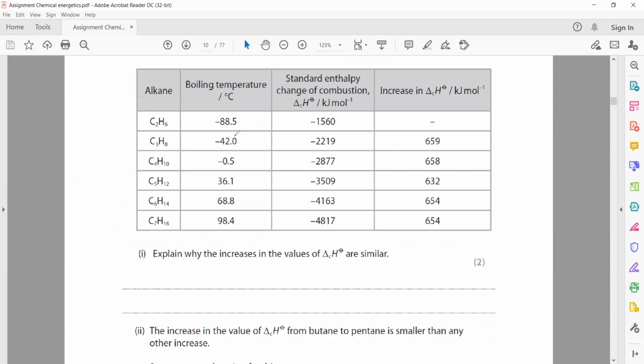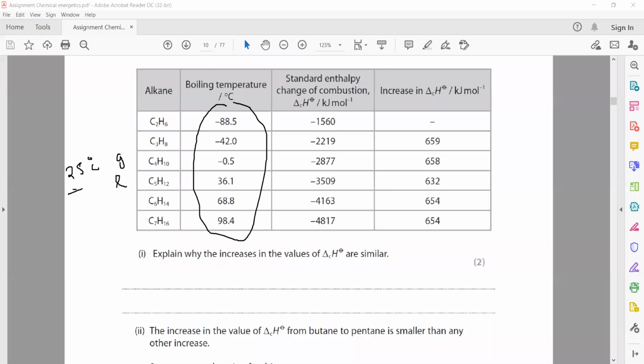Because at room temperature, which is why they give you the boiling temperature. For example, if you take room temperature as 25, you will find that pentane is a liquid, but butane is a gas at room temperature. So there is a difference in state: butane is a gas whereas pentane is a liquid at standard conditions around 25 degrees centigrade.